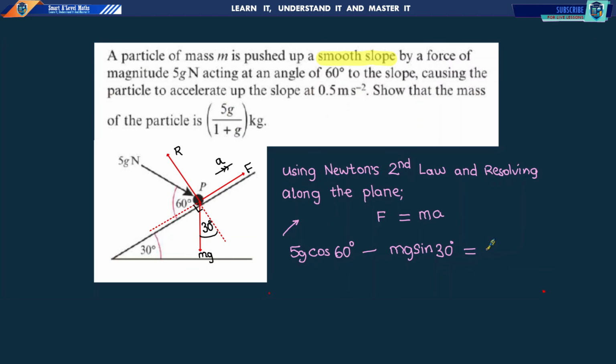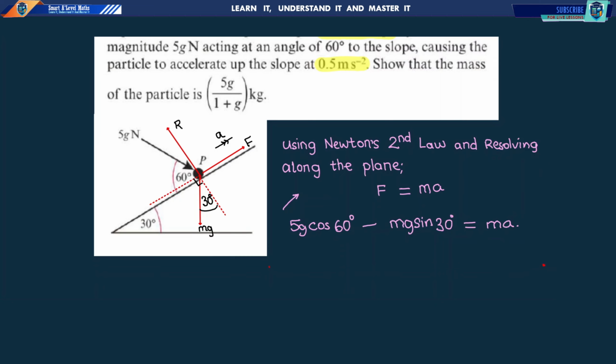What is our mass? We don't know, so we'll place here our m. Again, from our question, we know that the value for a is 0.5 meters per second squared. In our next step, we'll go ahead and substitute this value of a.